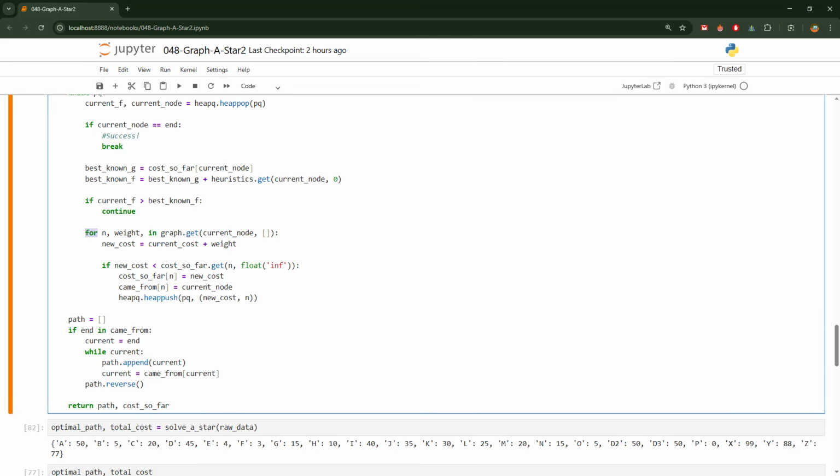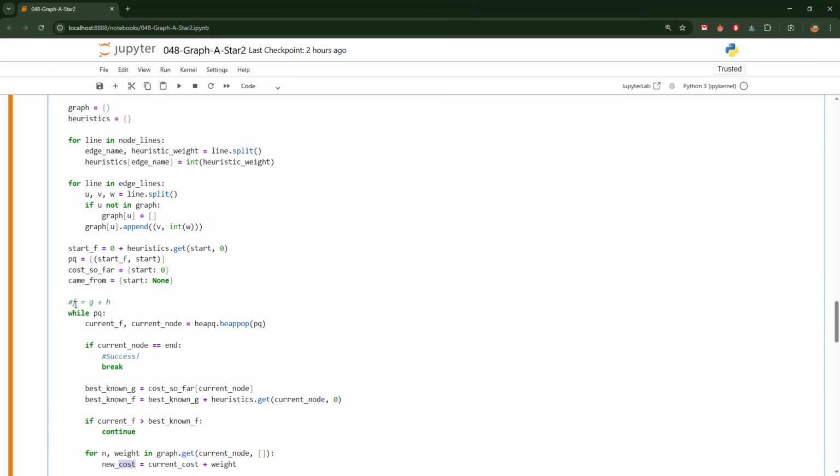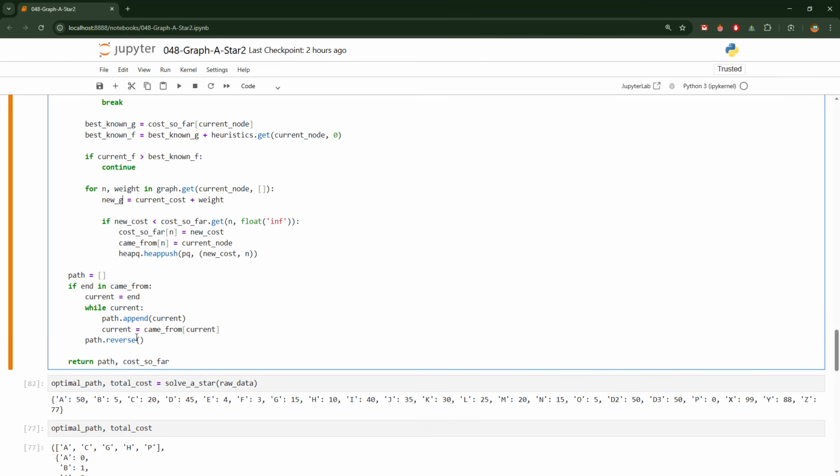Okay, now for neighbor weight, we don't have a comma here. How this code was actually working before? Anyway, in graph get current node. Yeah. So here we're going to say new G, because this is our function G plus H for the heuristics.